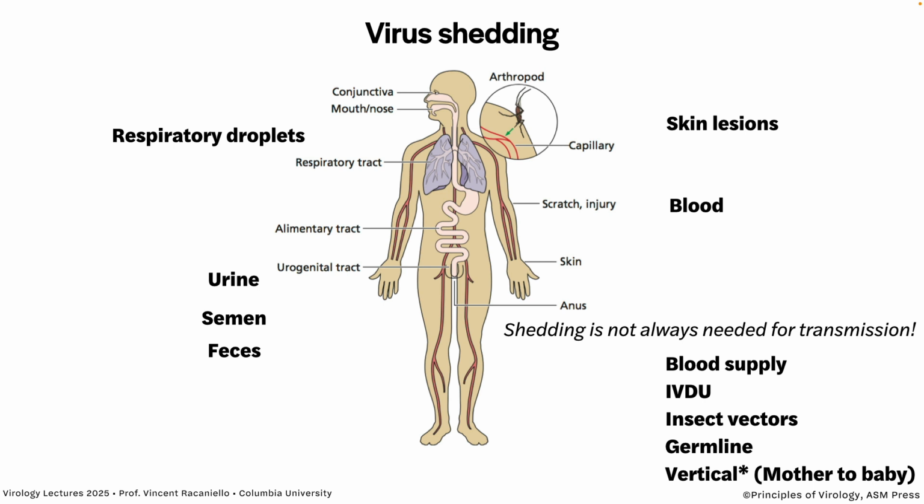So respiratory droplets, influenza, SARS-CoV-2, all the respiratory infections, whenever you talk or sneeze or cough, the droplets you are expelling contain viruses in them. Same thing with feces. Feces, if you're infected with poliovirus, your feces has tons of poliovirus in it. And you may wonder, well, how does someone else get that from me? People don't wash their hands, okay?